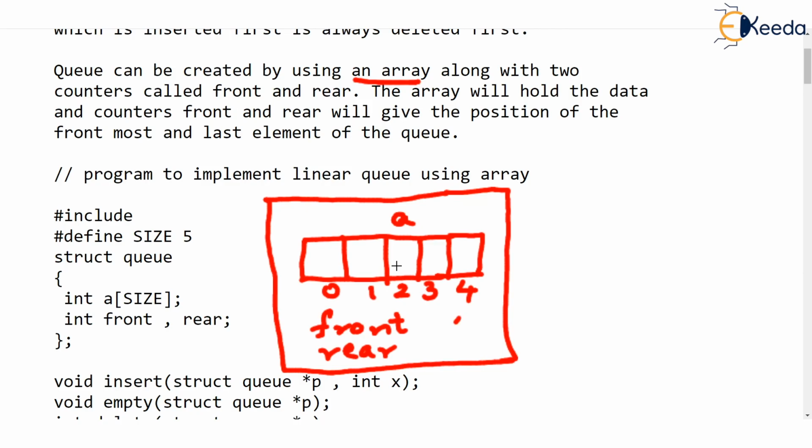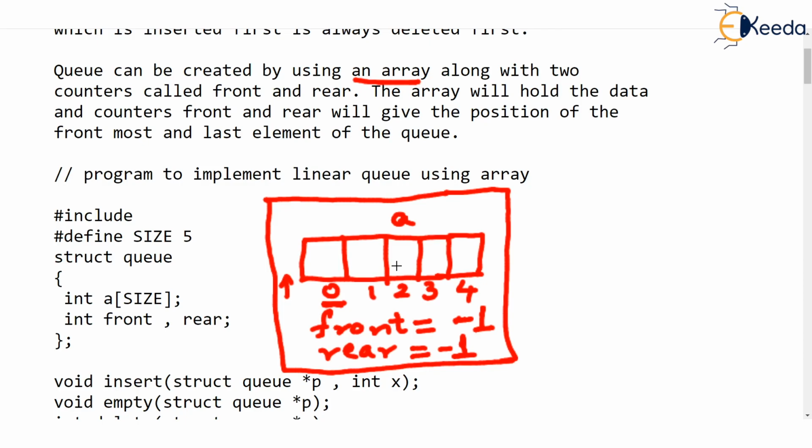What you do is these two counters, front and rear, are initialized as -1, both counters. That means that even the 0th position of this array is not filled. So front and rear both are before this 0th element. Yes, it is at -1 that we are pointing.